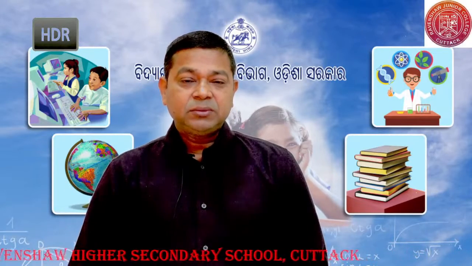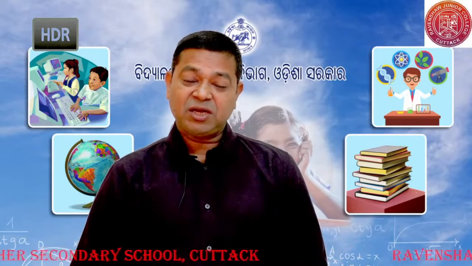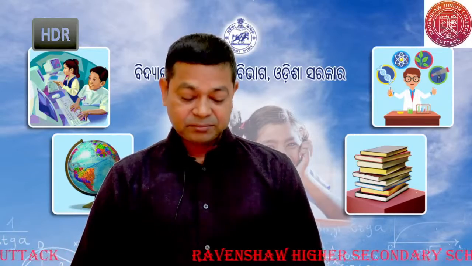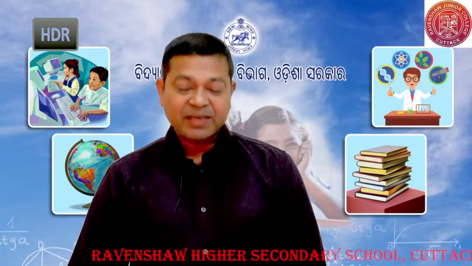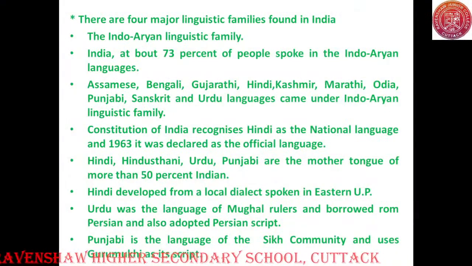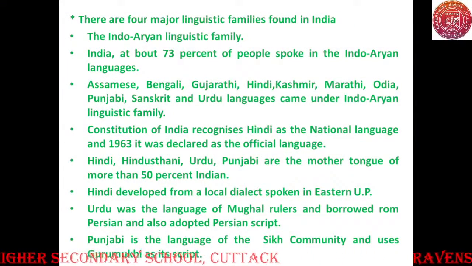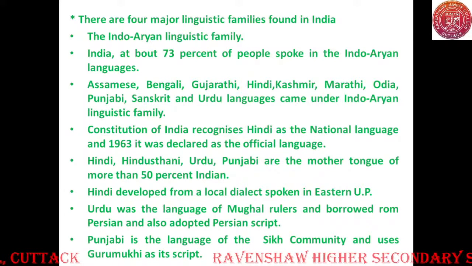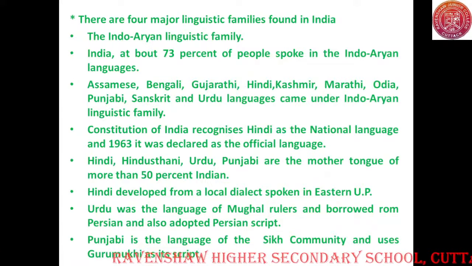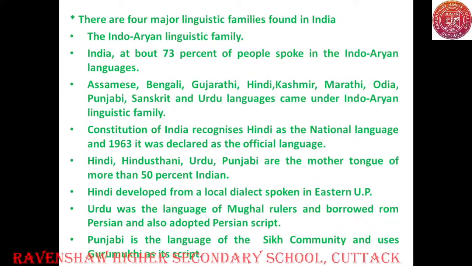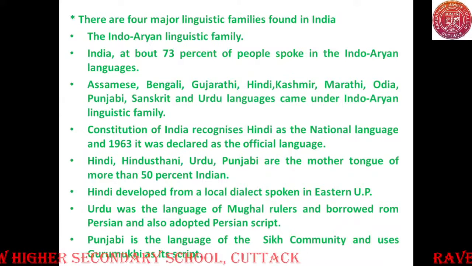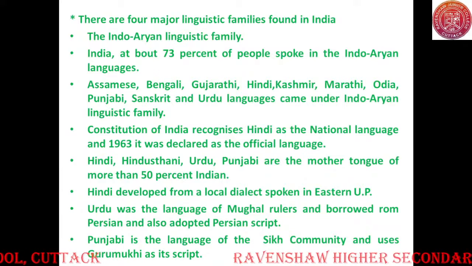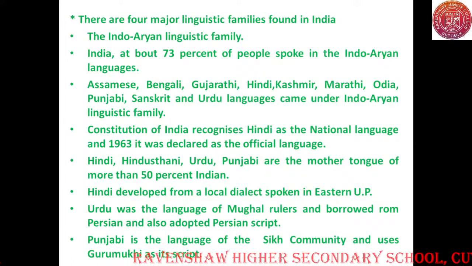And those languages which come under the Indo-Aryan linguistic family are Assamese, which I have already told you, Bengali, Gujarati, Hindi, Kashmiri, Marathi, Odia, which is the mother tongue of Odisha or our regional language, then Punjabi, then Sanskrit, then Urdu.